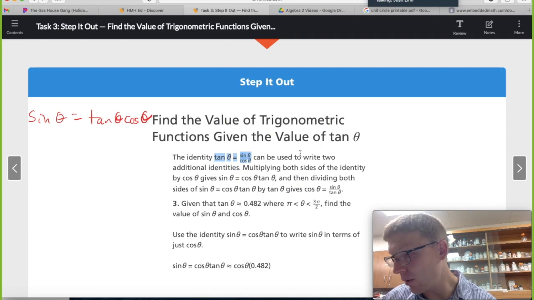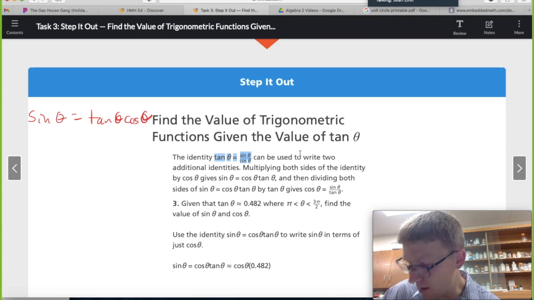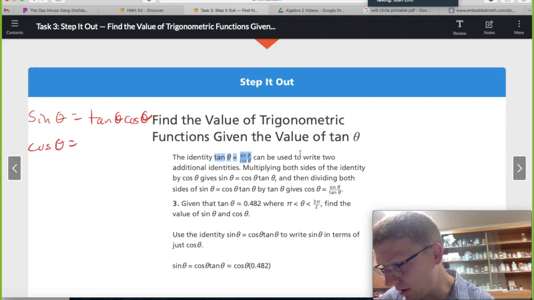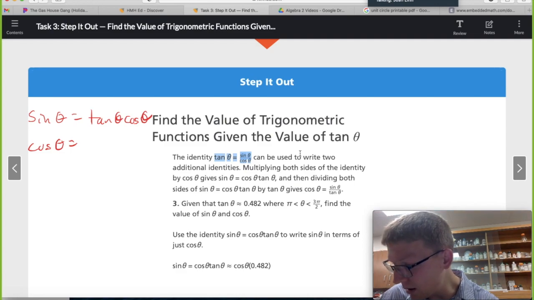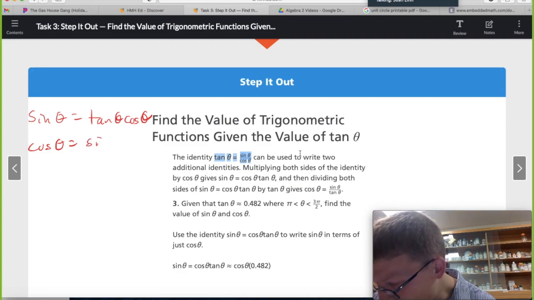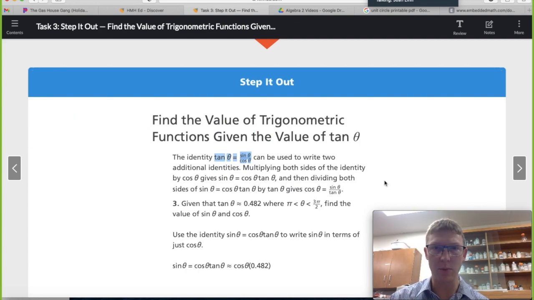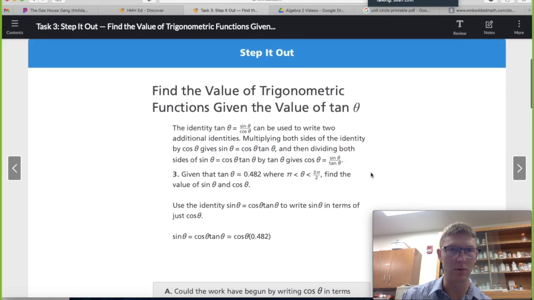On the flip side, if we wanted to find cosine, I'm multiplying both sides by cosine, then dividing by tangent, so I've got sine theta over tangent theta. These are the kinds of things that we're going to be using for this problem.